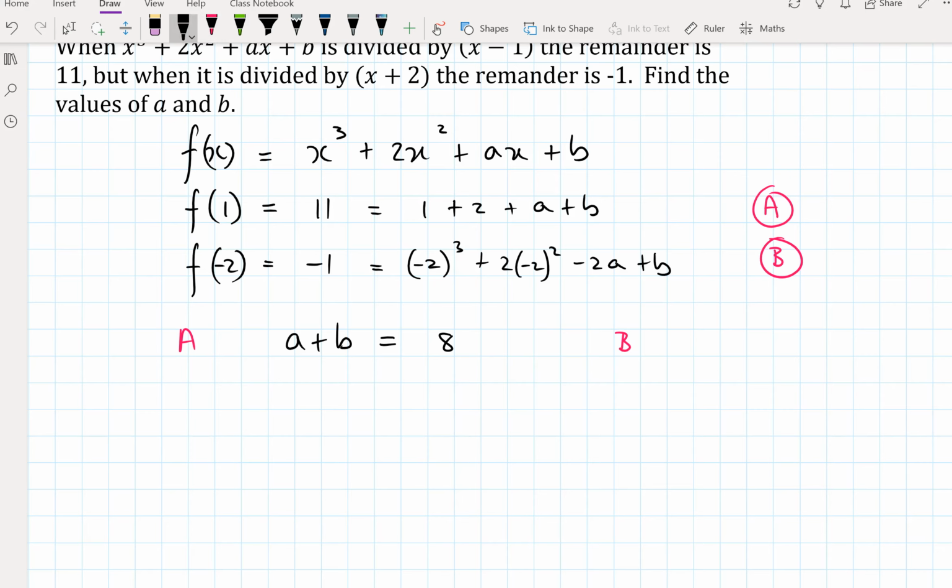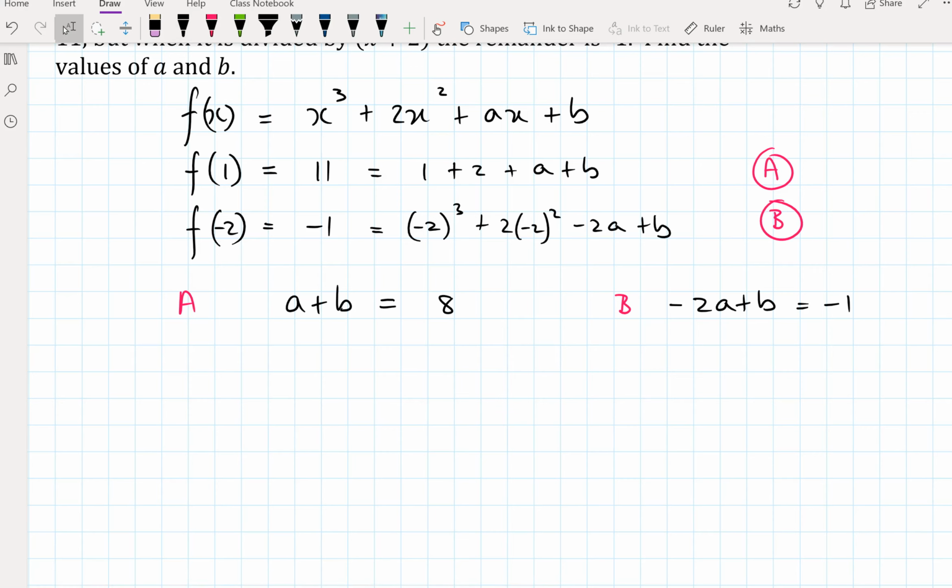that is going to be minus 2 cubed, that's minus 8. Minus 2 squared is 4, plus 4 times 2 is 8, so that goes. I'm just going to be left with minus 2a plus b equals minus 1. And I now need to solve these simultaneously. So I'm going to rearrange this. I'm going to say b is equal to 2a minus 1.